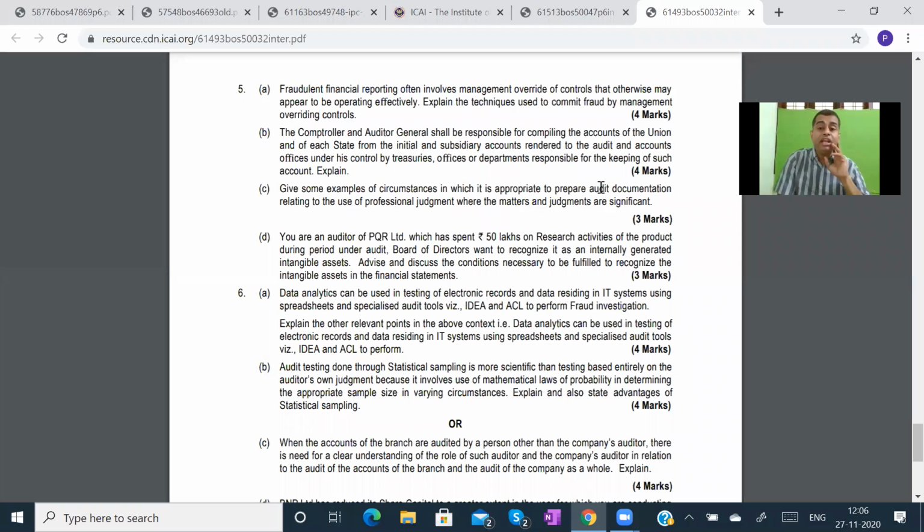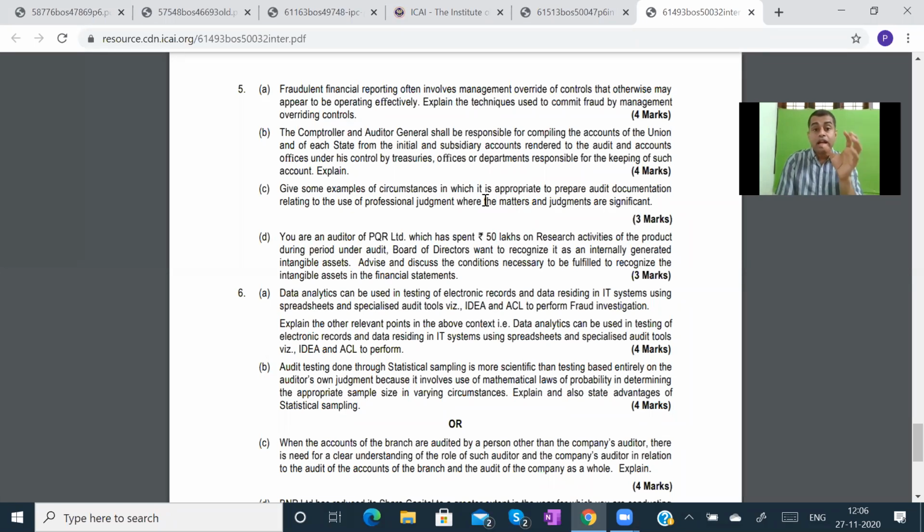Okay, next, B. The Controller and Auditor General shall be responsible for compiling the accounts of the Union and each state from the initial and subsidiary accounts rendered to the Audit and Accounts Officers under his control by treasuries, officers or departments responsible for the keeping of such accounts. Explain. Do you remember, on the 9th day of our revision plan, we discussed in detail government audit.